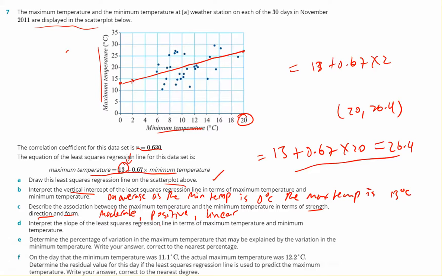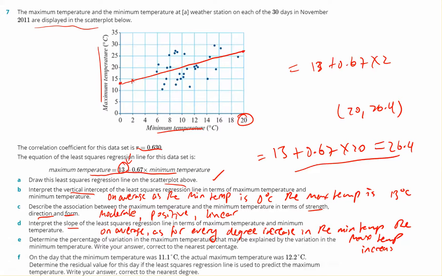Interpret the slope of the least squares regression. On average, again, you must write on average, for every degree increase in the min temp, the max temp increases by 0.67 of a degree.